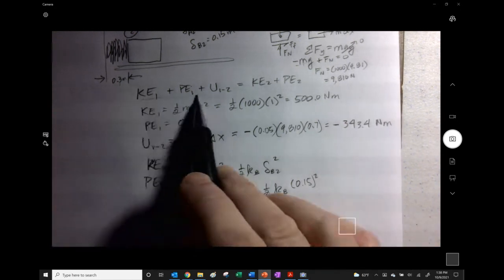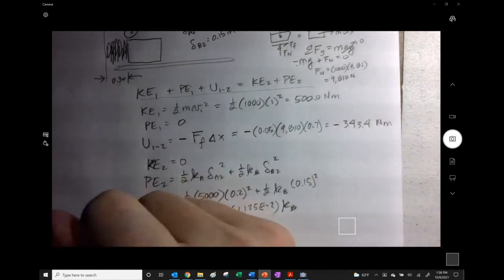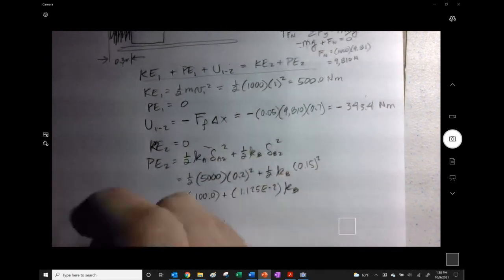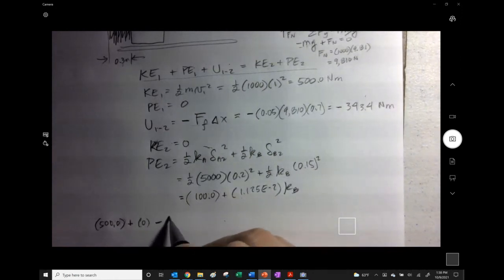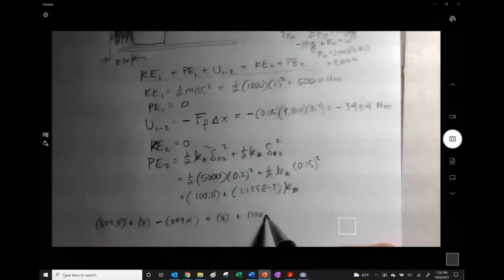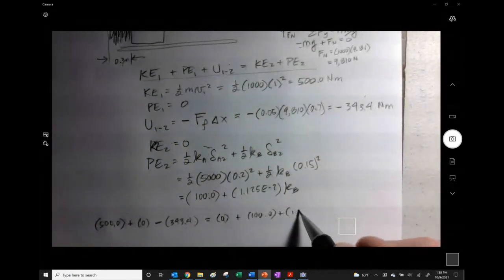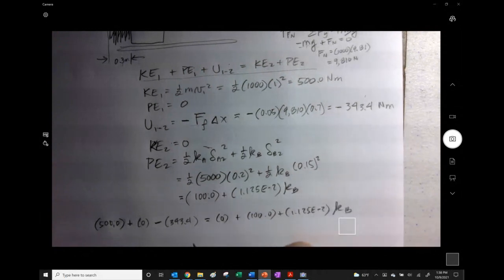So we plug them all back into this original thing, and we say 500 plus 0 minus 343.4 equals 0 plus 100 plus 1.125 E minus 2 KB.